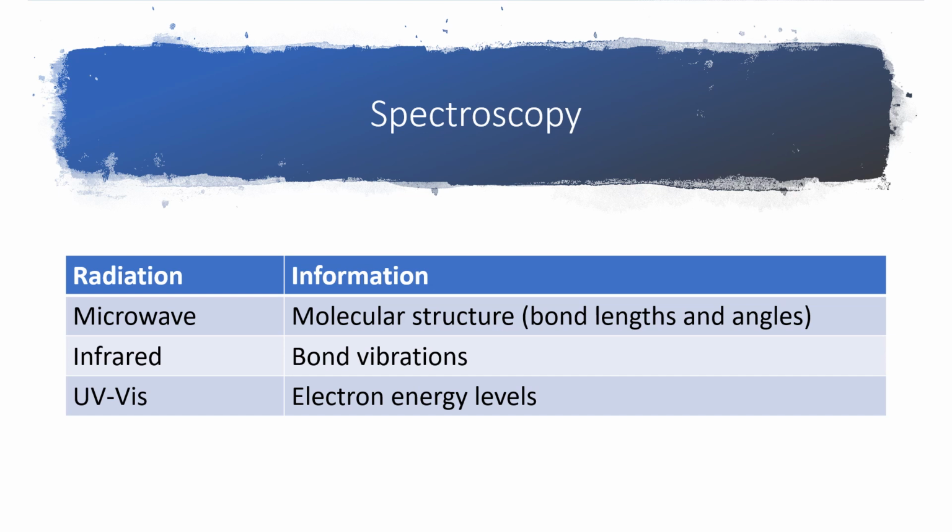If we're looking at the infrared portion, we will get information about the bond vibrations, and that can also correlate to structural information. But if the light that we are investigating our sample with falls into the ultraviolet or the visible portion of the spectrum, we get information about the energy levels of the electrons in that particular sample.